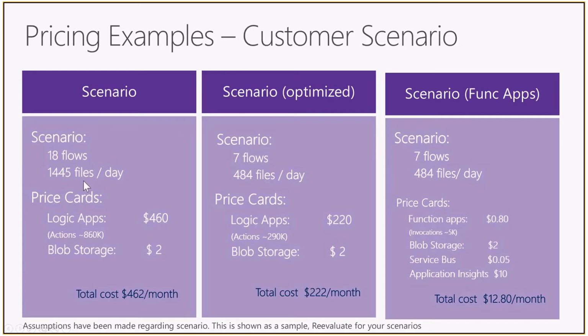When we optimized, for example, instead of downloading employee records separately, position records separately, and so on, you can create a data package and consolidate your flows. By consolidating, we were able to bring down that number. This is the same thing if they had chosen to orchestrate using function apps.